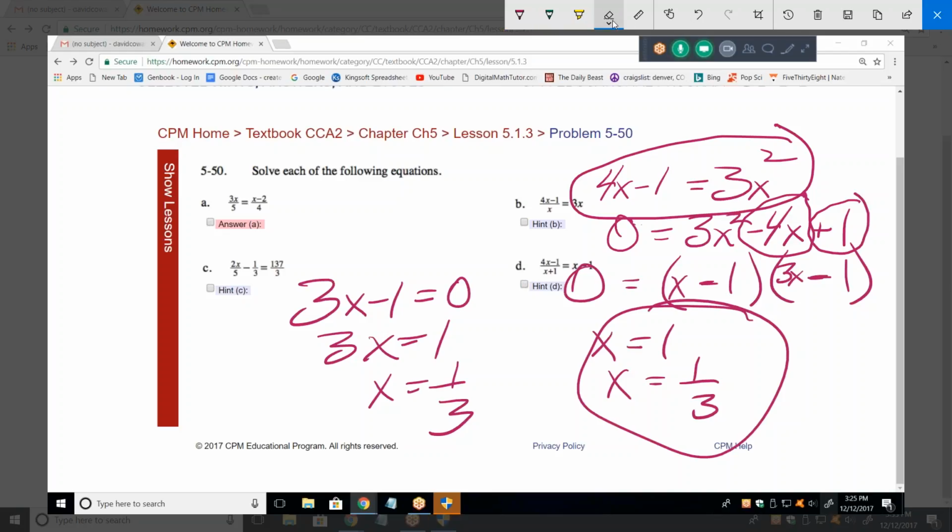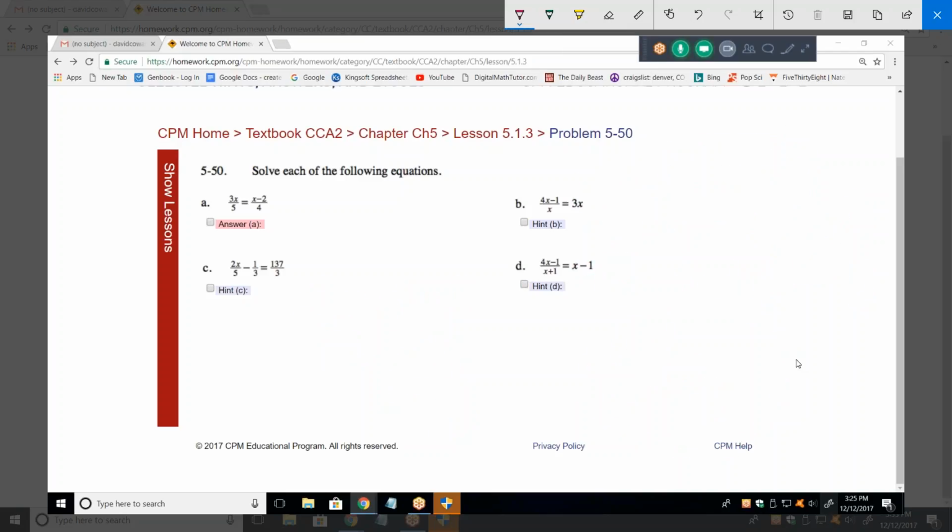Number C. Do you multiply it by 5? Not yet. And the reason is this fraction here has the x in it. So we're better off if we get rid of that 1/3 first.